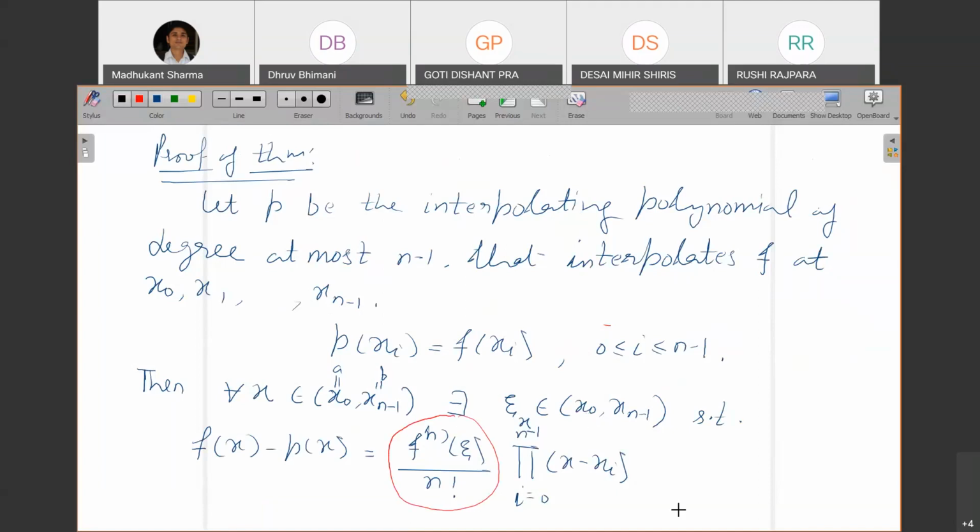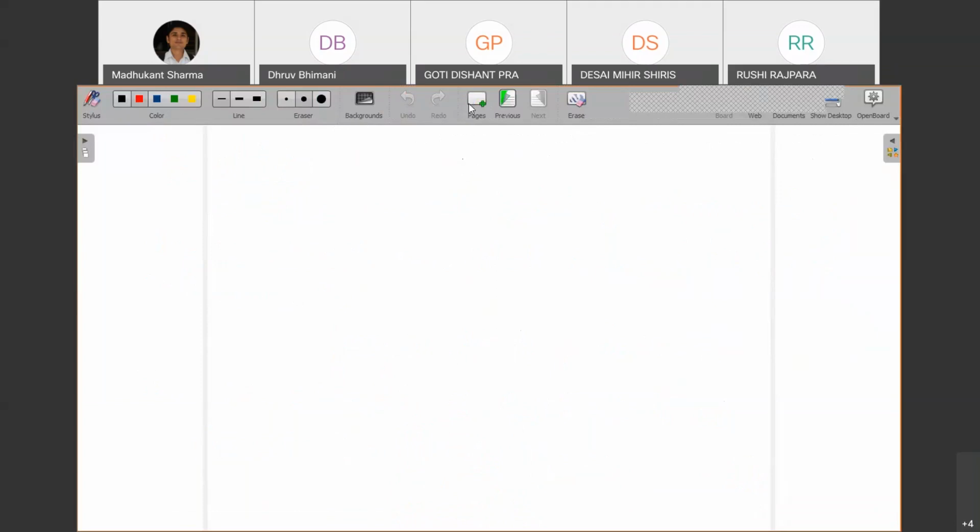Now we are going to use the previous result, because we are only adding the point x equals xn. This is equation 1. From equation 1, it gives f of xn minus p of xn at x equals xn, which is distinct from x0 to xn minus 1.